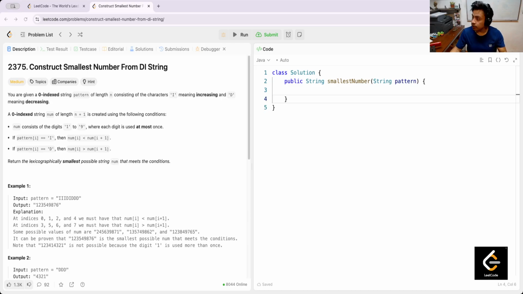This is session number 467, and today we have this challenge: construct the smallest number from a pattern.